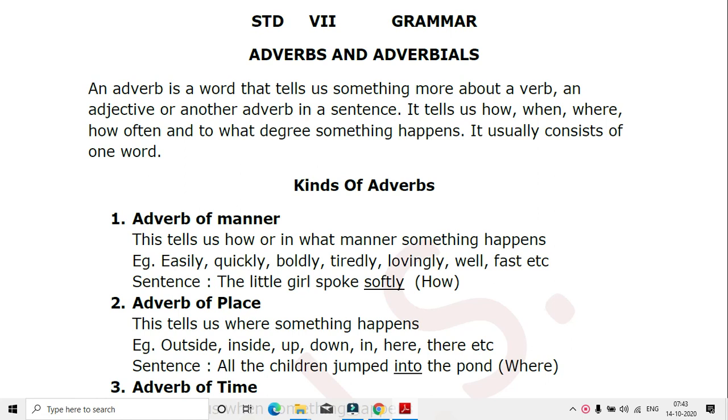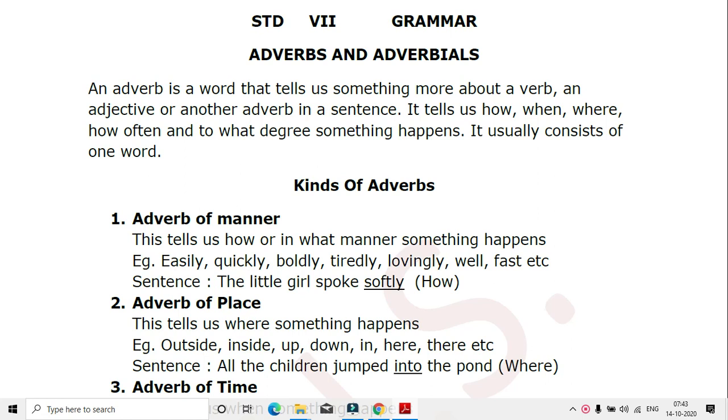Clear? An adverb is a word that describes or tells us something more about a verb, an adjective, or another adverb in a sentence. So now, till now, you always thought that an adverb describes a verb, right?